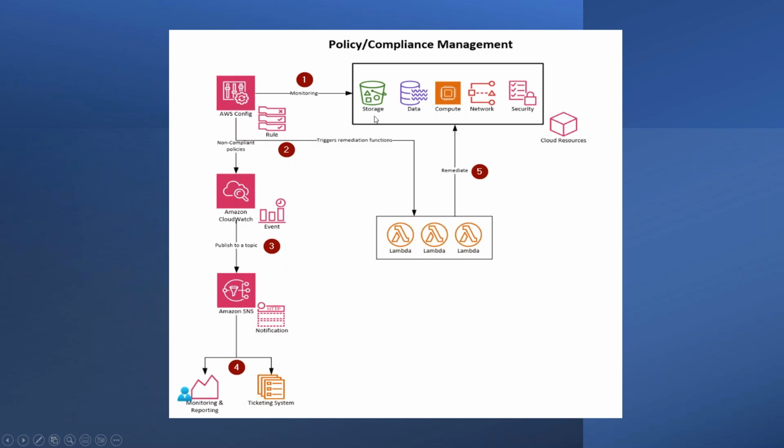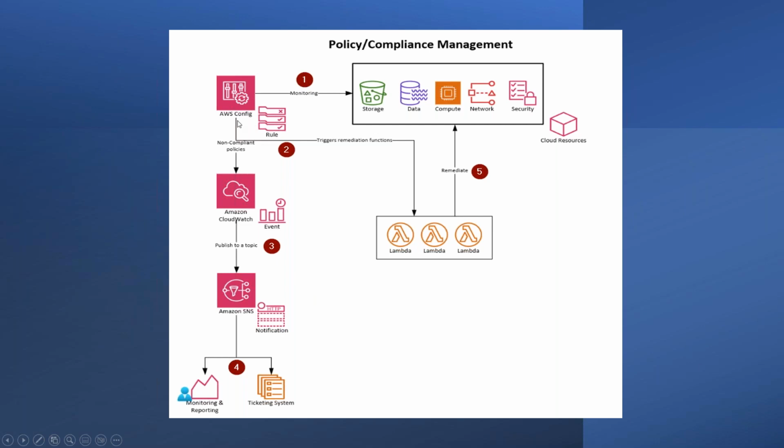When a policy is non-compliant, when one of the resources fails to comply with a policy, those events are pushed to CloudWatch. And again, similar to the previous scenarios, you have different ways to alert your security operations and your IT teams by opening a ticket.